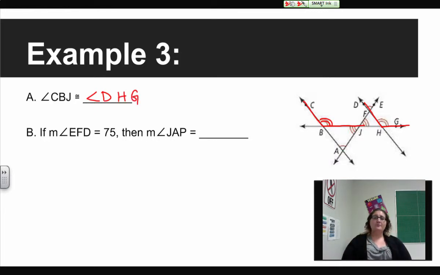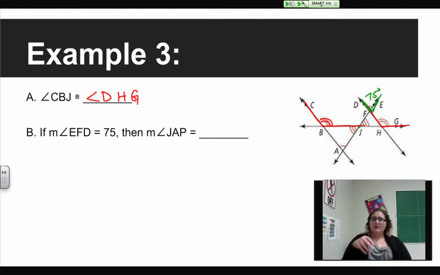Part B says if the measure of angle EFD, so I need to go over and find that angle, EFD. If this angle is 75, it says then what is the angle of JAP?